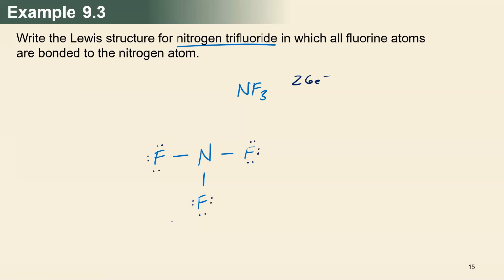All my peripheral atoms have an octet. So I'm going to add the last pair onto my central atom. All my atoms have 8 electrons, so I should be satisfied, right? And so this is, in fact, the Lewis structure for NF3. Not too terribly difficult.